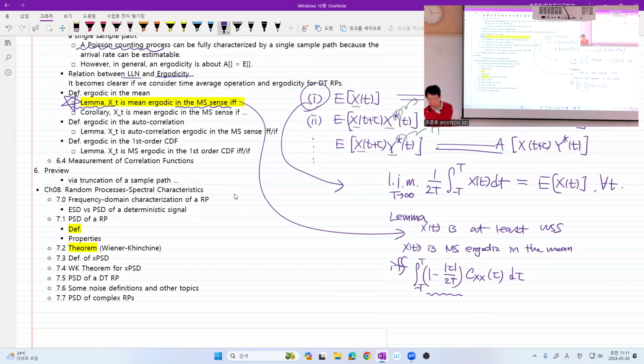And we need to divide by 1 over T. If this goes to 0, okay, then if and only if x of t is mean square ergodic in the mean. Of course, this part can be relaxed, so sometimes we relax in this way.